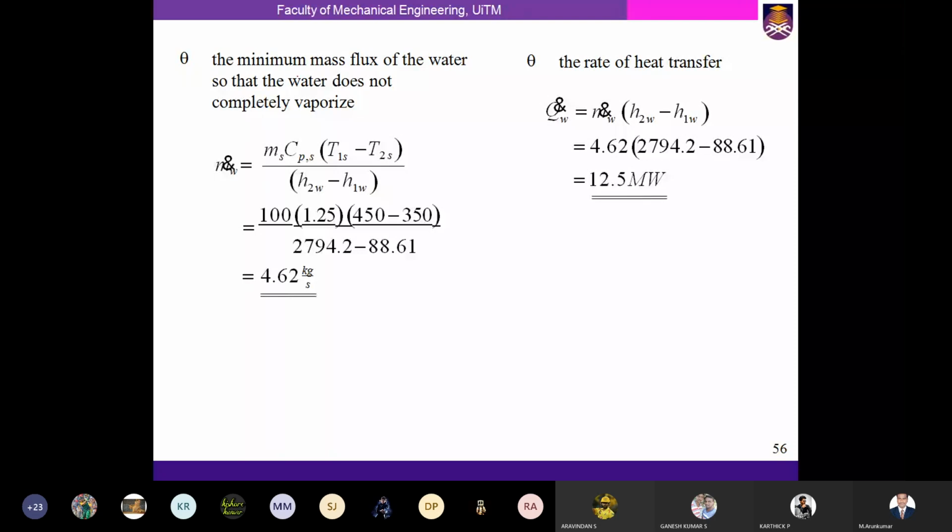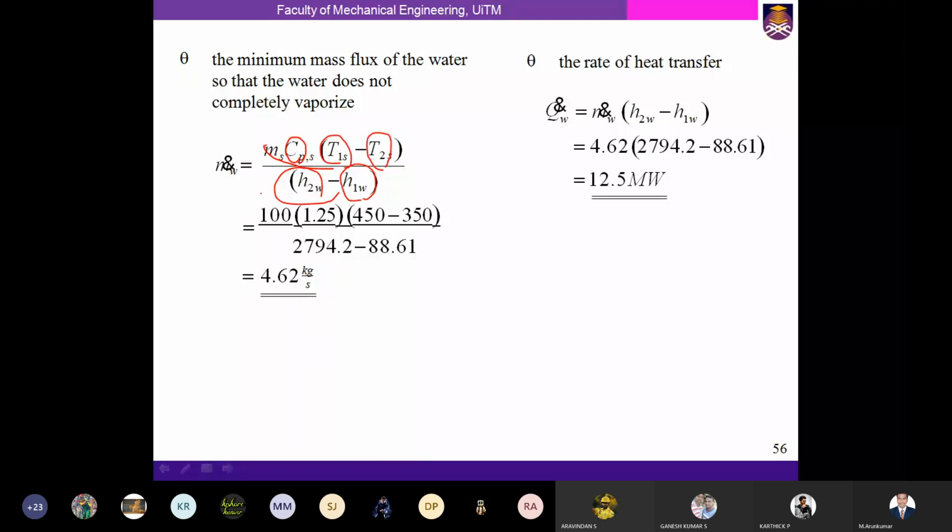From this equation, I think these values were given. Yes, this h1W we need, h2W we need, then T1S and T2S will be there. So we can substitute, and also we can take the Cp value of sodium from your table.